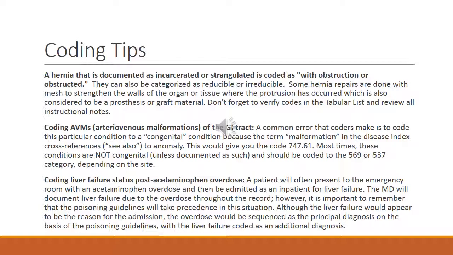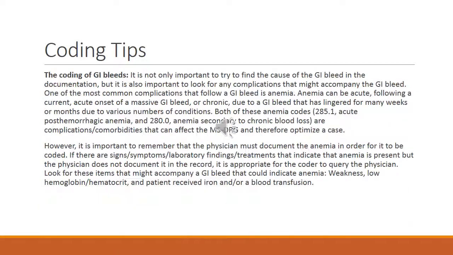However, it's important to remember that the poisoning guidelines will take precedence in this situation. Although the liver failure would appear to be the reason for the admission, the overdose would be sequenced as the principal diagnosis on the basis of poisoning guidelines, with the liver failure coded as an additional diagnosis.